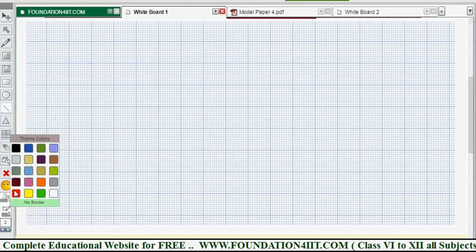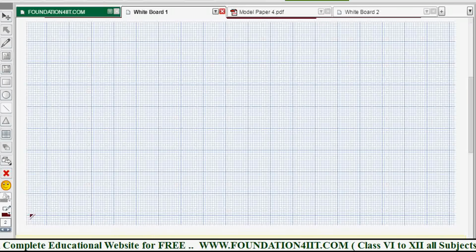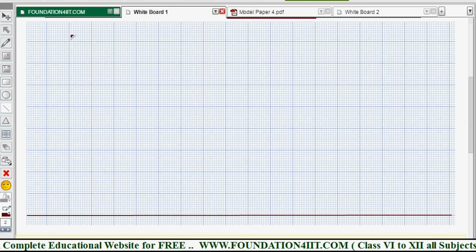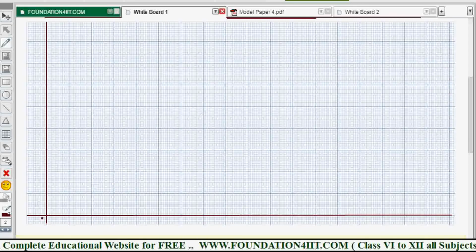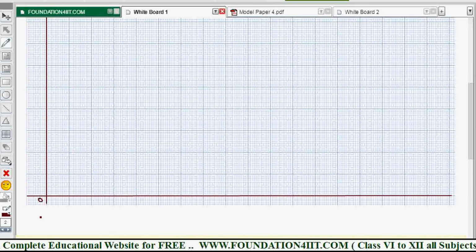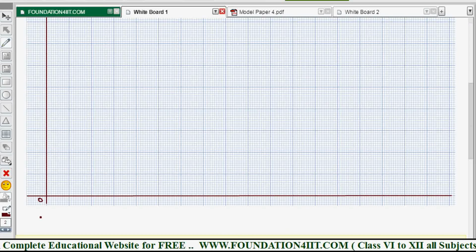Draw the x-axis and y-axis: y-axis vertical, x-axis horizontal. Along the x-axis we take 1 centimeter equal to 5 kg, because the data is given as 40, 45 and so on.